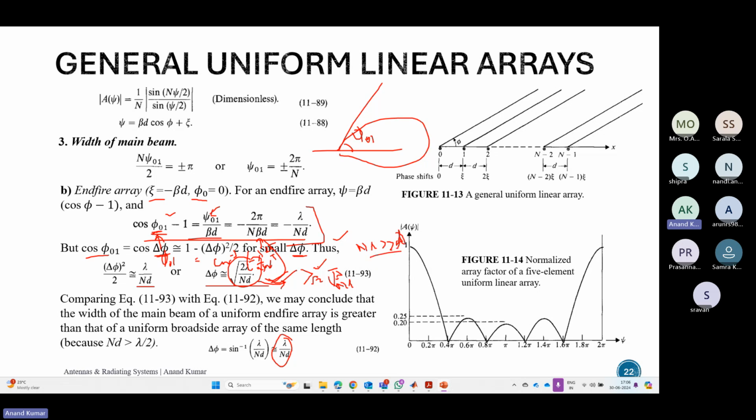So this is actually a fraction, and if you take the root of a fractional value, it increases. Fractional values, if you square them, become smaller, and then this is root 2 times. So essentially the width of the main beam for end fire is greater than the broadside for the same length.